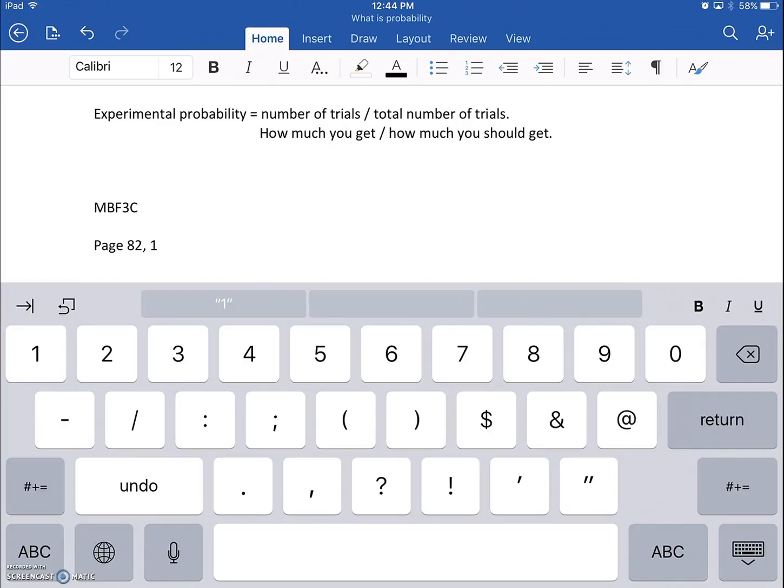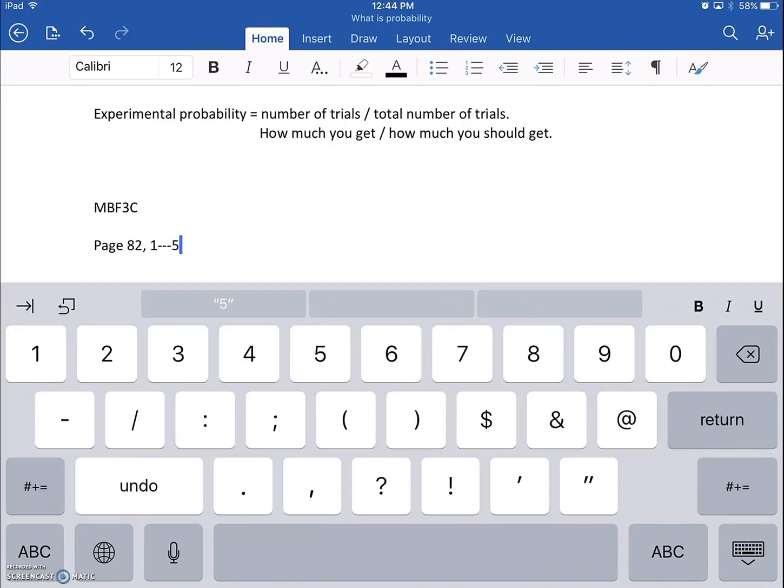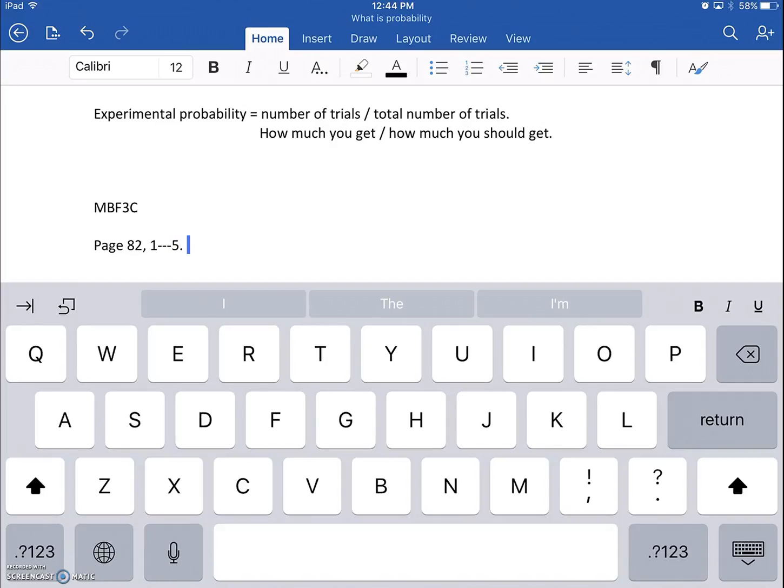Okay. So, it is comparing experimental and theoretical probabilities, and let's start to do some questions.